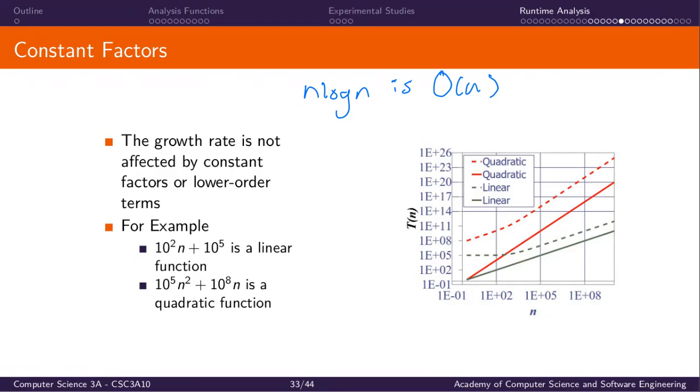Well, let's see. Can we find a C such that Cn will be greater than or equal to n log n? So if we divide by n on each side, because we are taking positive values, we end up with solving for C. Can we find a C that will always be greater than log n?